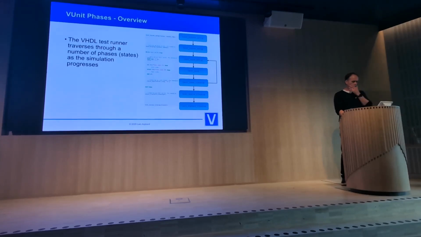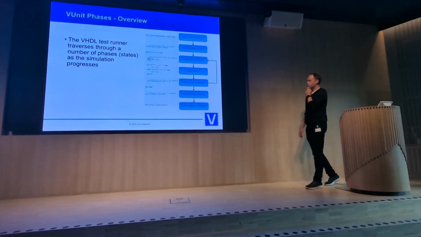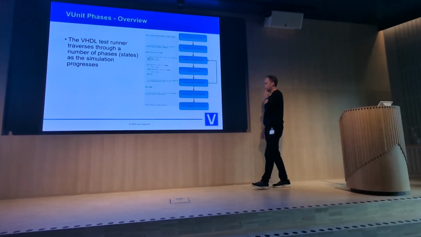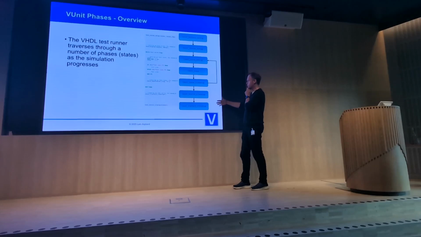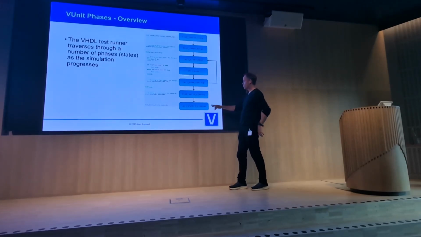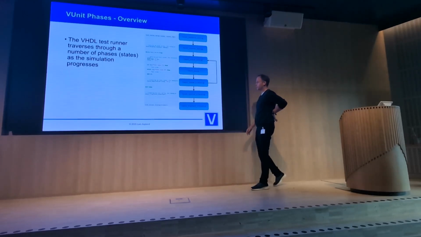So we need to introduce locks, and we need to introduce phases. I'm going to speed up a bit because we're a bit behind, but phases is something that happens in the background of the unit. The unit goes through phases as your test bench runs, and you don't see that. You need to know about the test runner cleanup phase. This is the phase we enter when we call the test runner cleanup procedure just before we end the simulation.